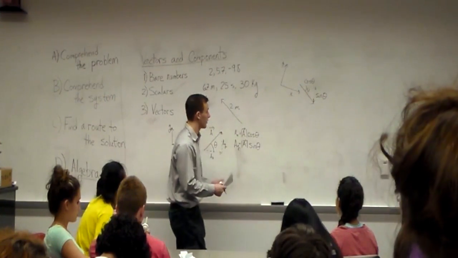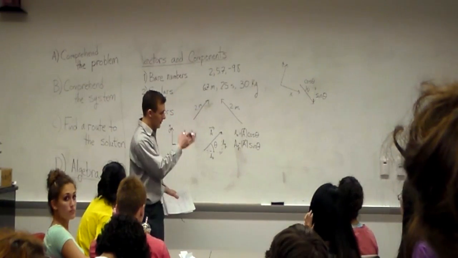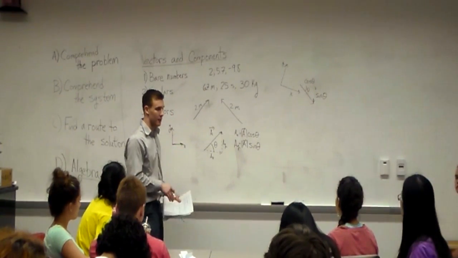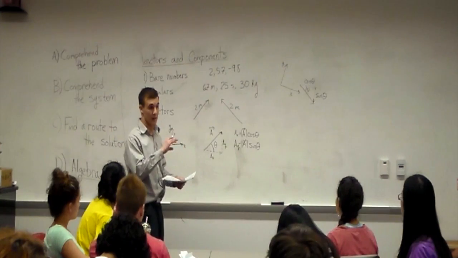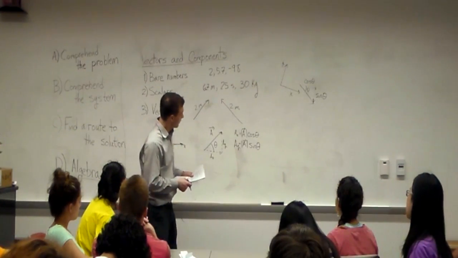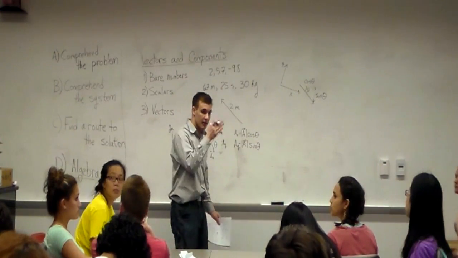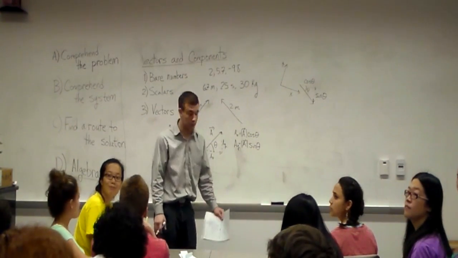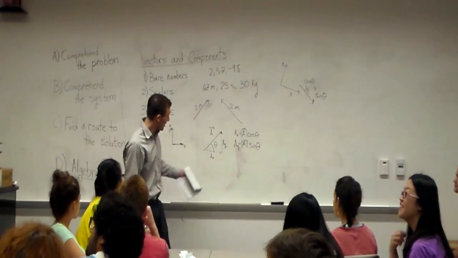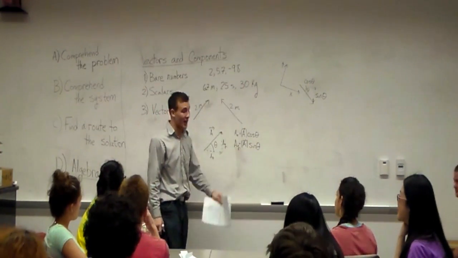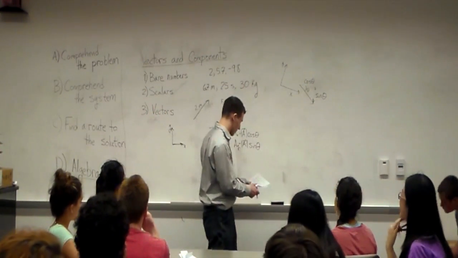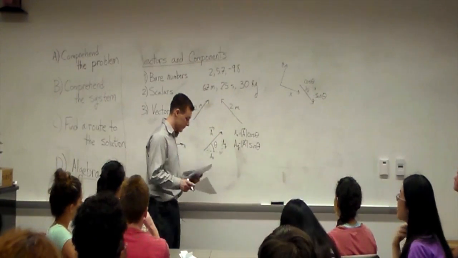So anytime you have that angle, don't think of it like the y component is sine, the x component is cosine, because there are plenty of systems where it's going to be reversed. So you should really think cosine is the adjacent one, sine is the opposite one. Okay? So just so we understand how to break those things up.